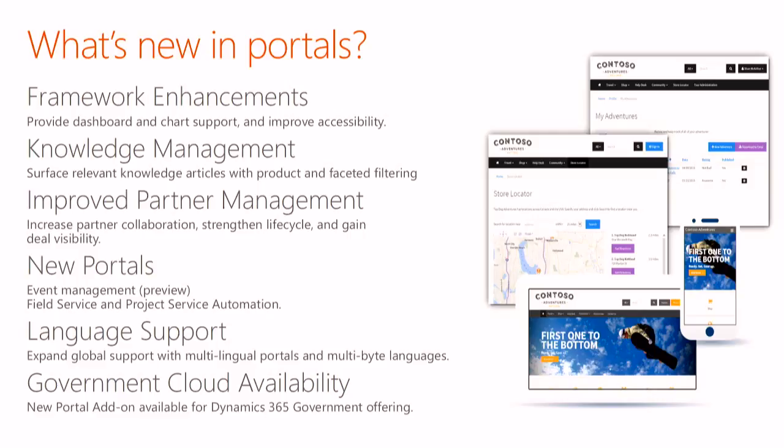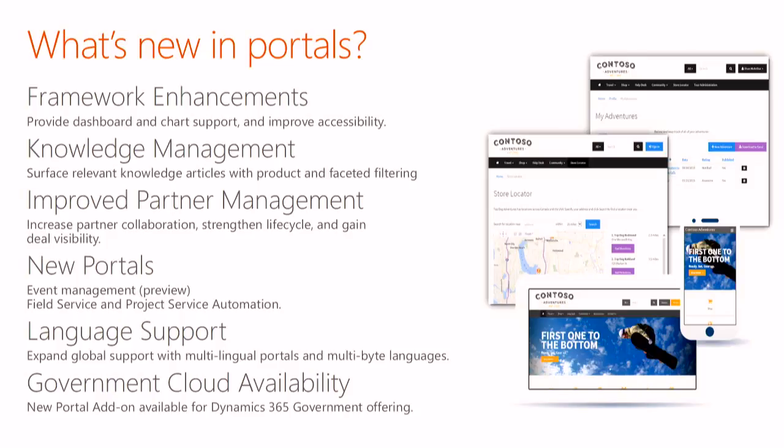If Mary bought a Surface Book, and she's having a problem with the display, she goes in and searches for problem with display. But we know, if she logged on, that she bought a Surface Book. So it's most likely a display problem with the Surface Book. So we can bubble up the article to the top and filter it based on the product that's associated with the customer.